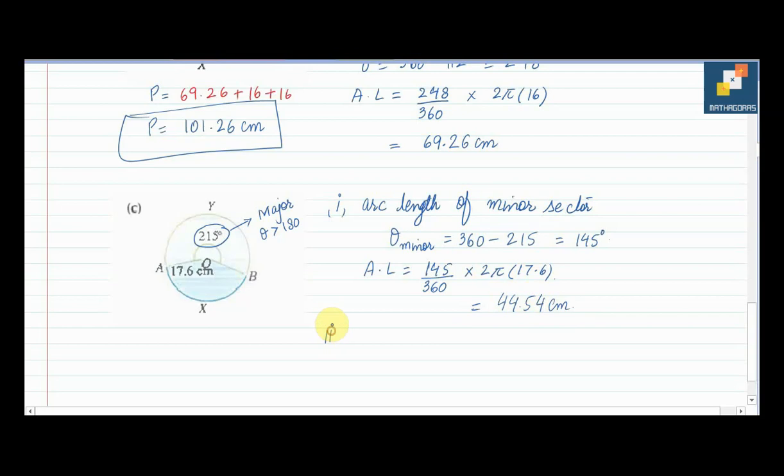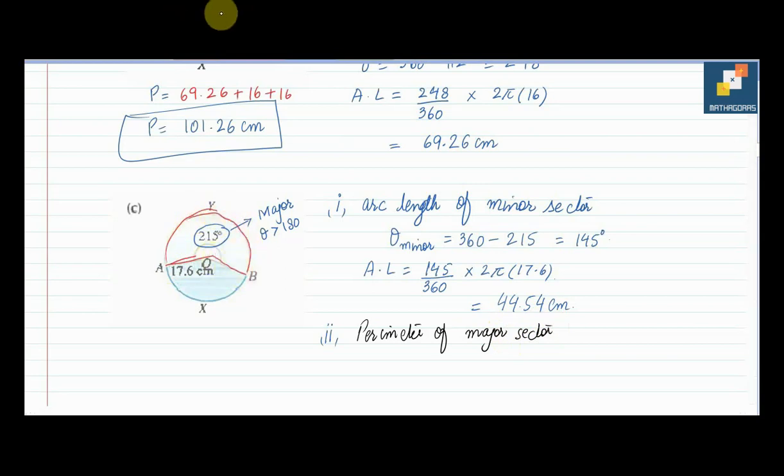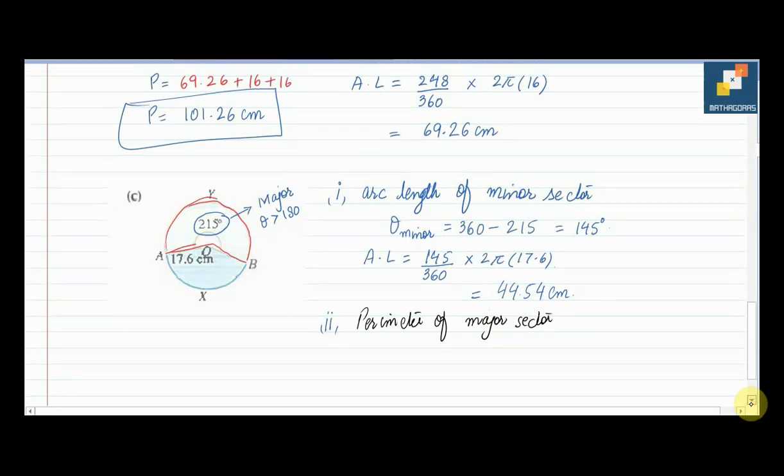For the next part, part number 2, you need to find the perimeter of the major sector. For perimeter, first I need to highlight the boundaries. So this length, this arc length, and this radius, right? So first you need to find the arc length of the major sector.